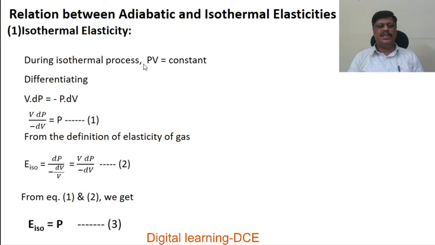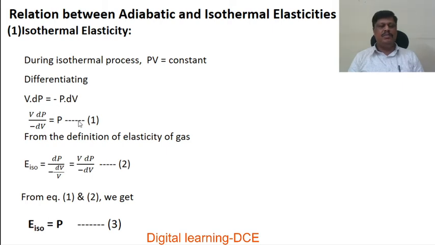Differentiating this equation, we get P dV plus V dP is equal to 0. Rearranging the terms, we get V dP is equal to minus P dV, or V dP over minus dV is equal to P.